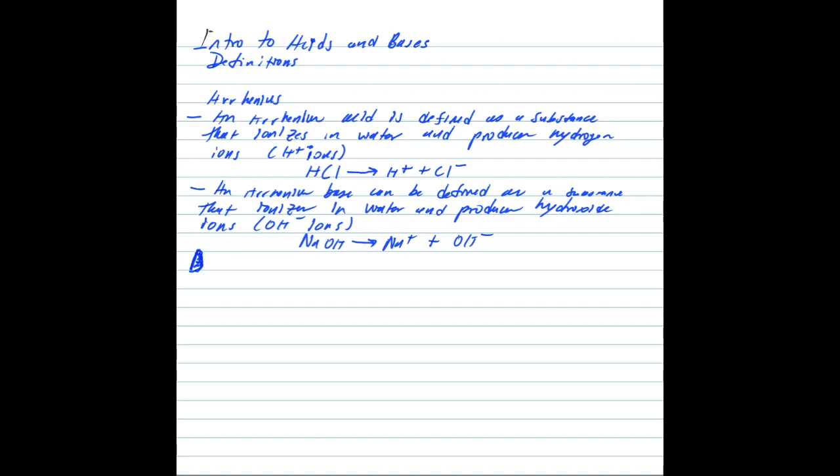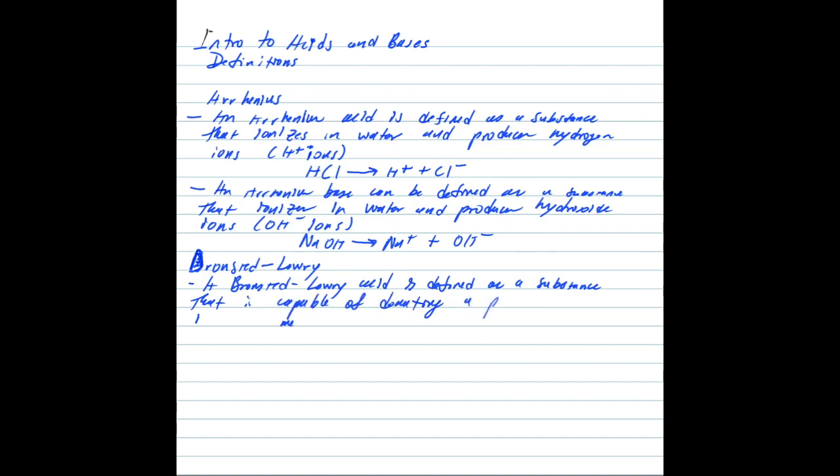And we have the example of sodium hydroxide, NaOH, dissociating in solution, so putting some NaOH into water is going to give you Na plus, so sodium cations, and hydroxide anions, OH minus.